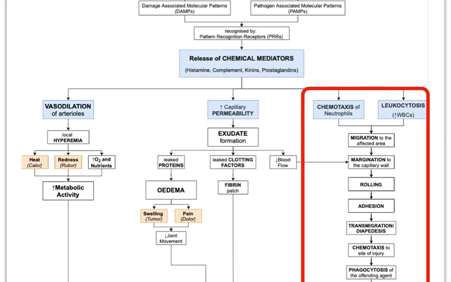Again, we'll get to those, to where vasodilation occurs, increased capillary permeability, but also leukocytosis, plus a lot of chemotaxis of white blood cells, and first of all, neutrophils. And the neutrophils and the other white blood cells that follow go through a process.